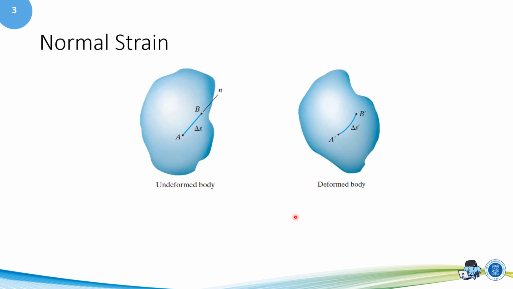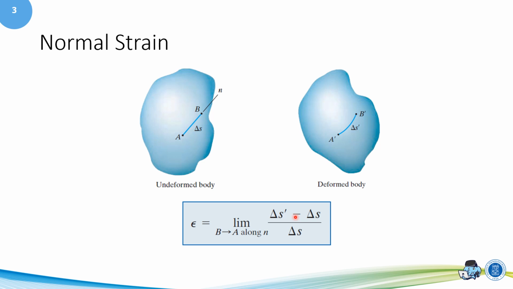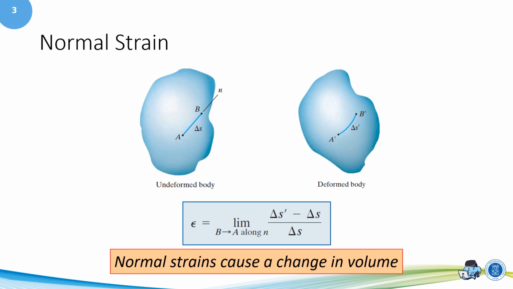From the change between delta S and delta S prime, we can define the normal strain as delta S prime minus delta S over delta S, as long as B and A are along the normal line. The effect of the normal strain is the change in the volume.